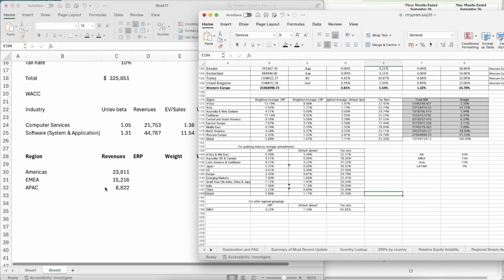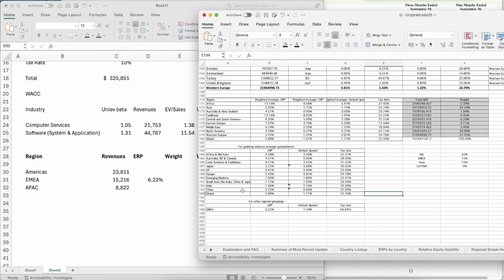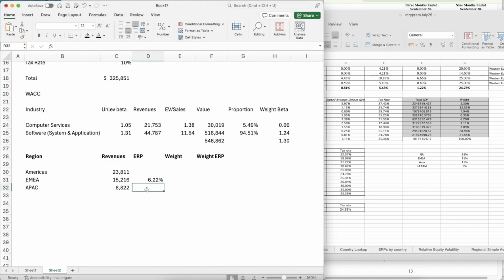So we'll take, okay, let's do Europe, Middle East and Africa. Easy, 6.22%. APAC, we will go, where's the Asia one? Here, 5.92%.